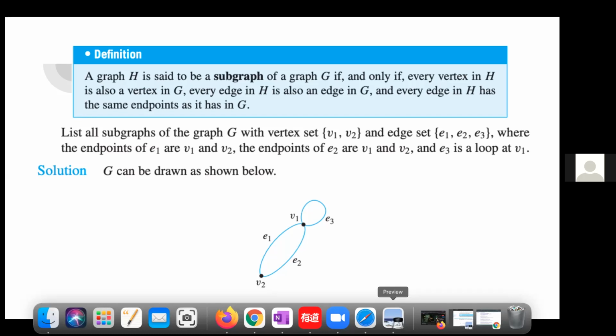If we make a connection between V1 and V2, we have two edges, E1 and E2, and then we draw a loop on V1 itself. So actually we can get 11 ways of drawing a subgraph out of this graph. I didn't post that graph on this page because the page frame is not big enough. That's basically the concept of subgraph, and we will move on to the quiz part.